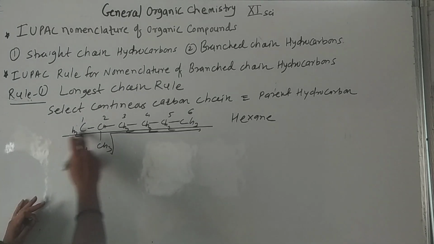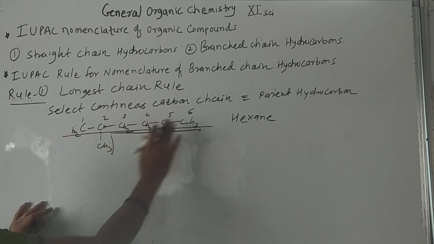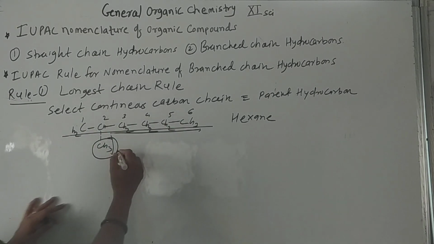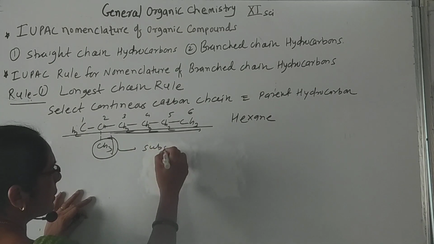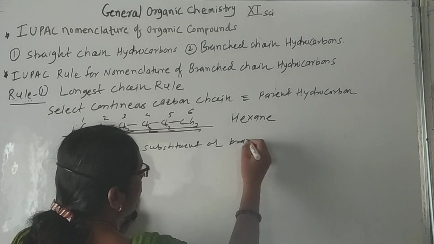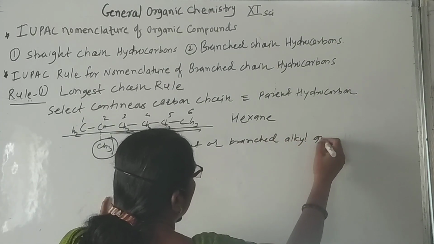So when I select the longest continuous chain, both are the same. So I go this way or this way. Whatever group remains here, these groups are called substituents or branched alkyl groups.